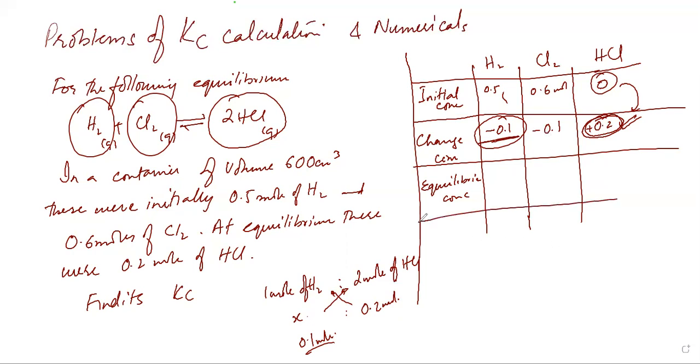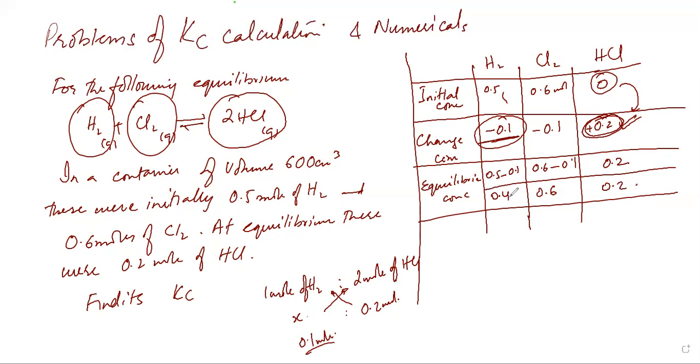So what is the equilibrium concentration of both the reactant and product? This will become 0.5 minus 0.1, 0.6 minus 0.1, and this becomes 0.2. तो अगर मैं इसका सम कर लूँ तो this becomes 0.4 and this becomes 0.5 and this remains 0.2.